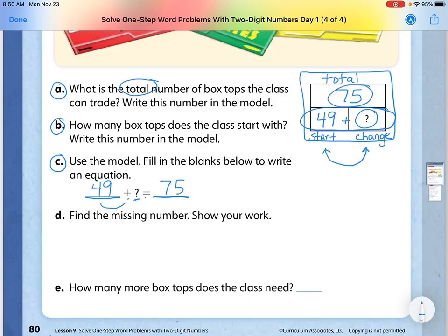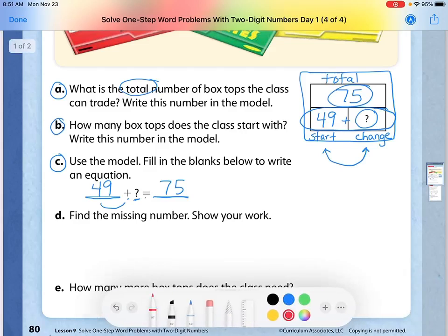Okay? And then it says to find the missing number and show your work. I want to go back and say, are we trying to find the start of this problem? Are we trying to find the total of this problem, or are we trying to find the change of this problem? You're right, we are trying to find the change.